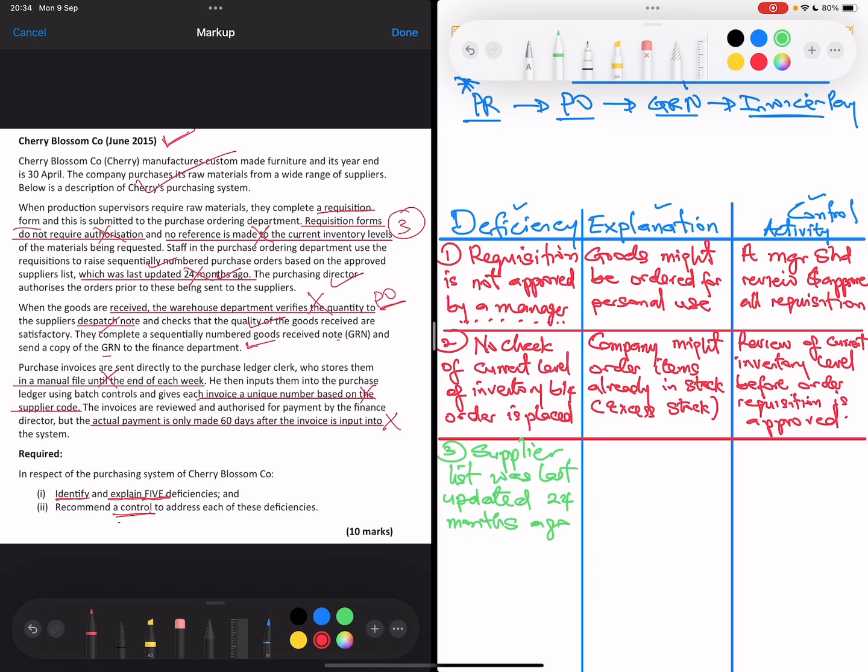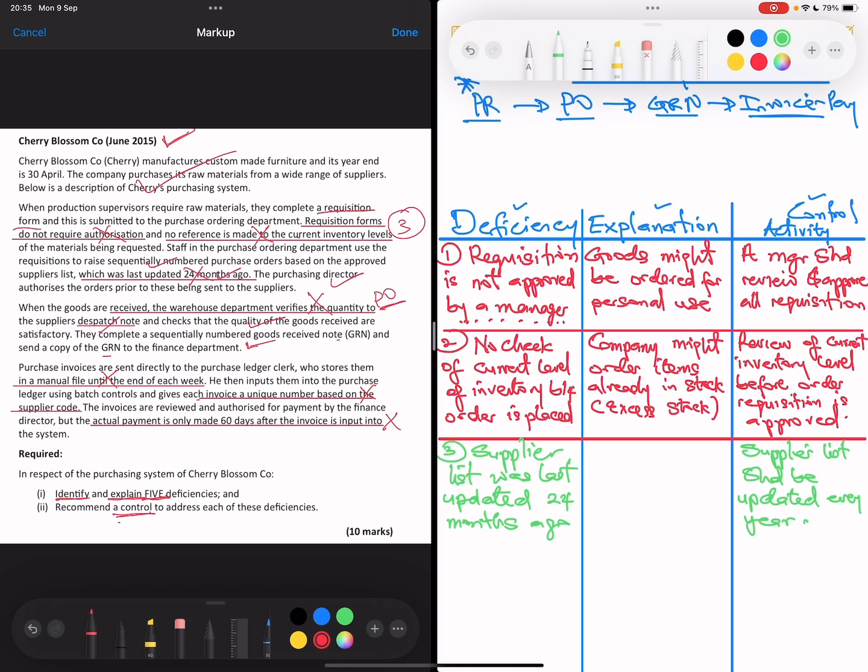So what we'll advise is that the supplier list should be updated annually. That is the best practice. Every year. It should be updated every year.